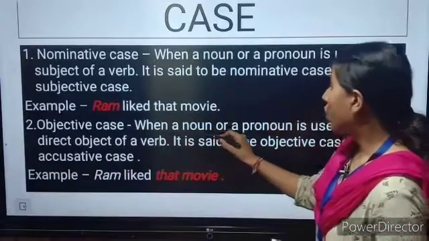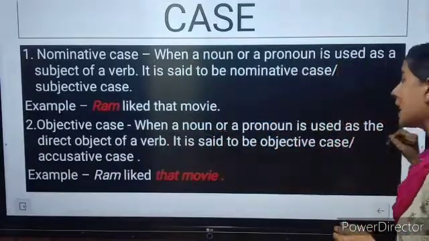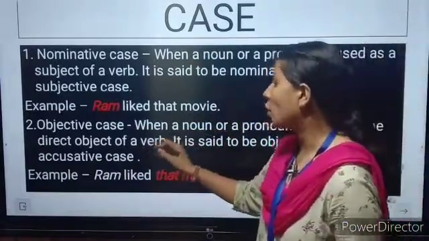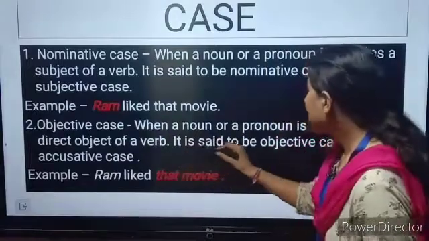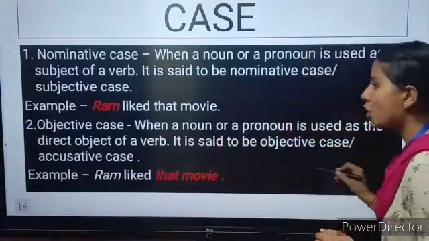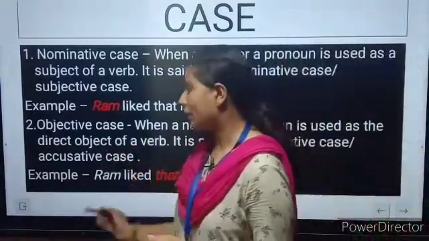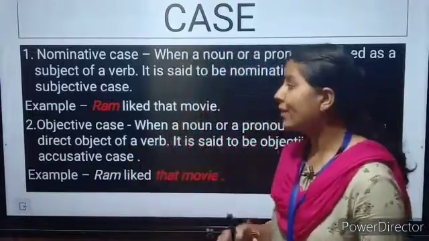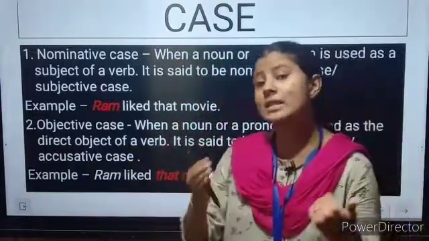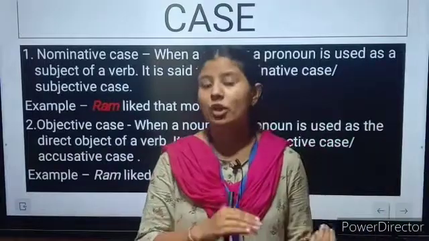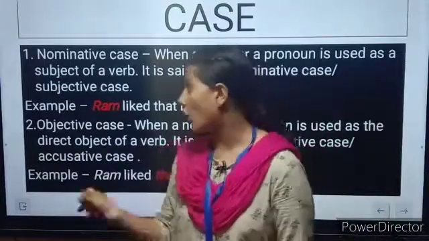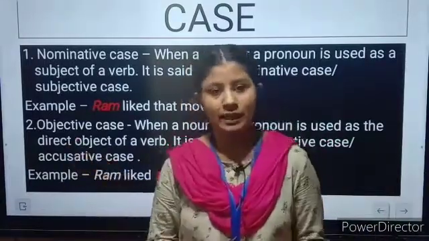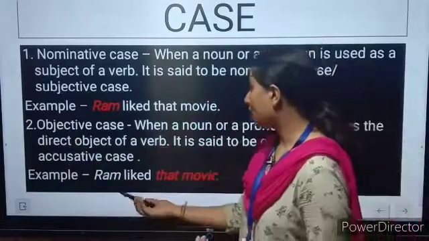When a noun or a pronoun is used as the direct object of a verb, it is said to be objective case, or you can say accusative case. So if a noun or a pronoun is used as a direct object, then that case will be called an objective case. You can see this example.